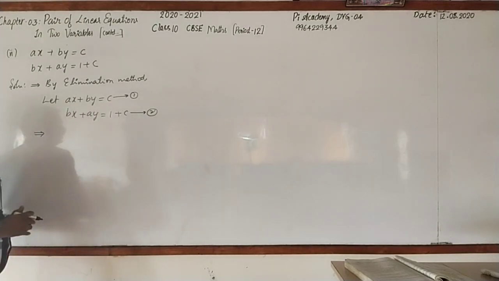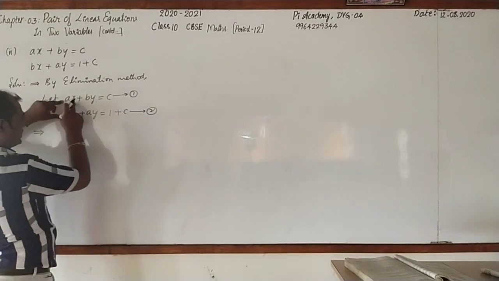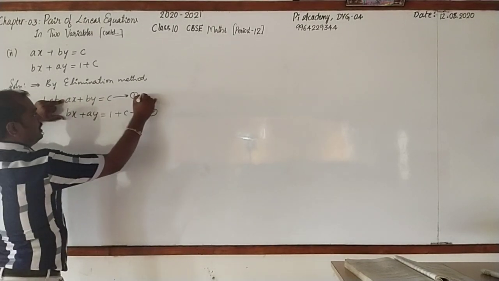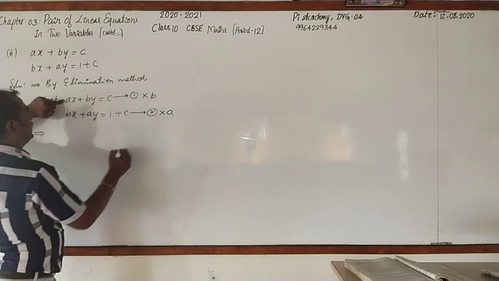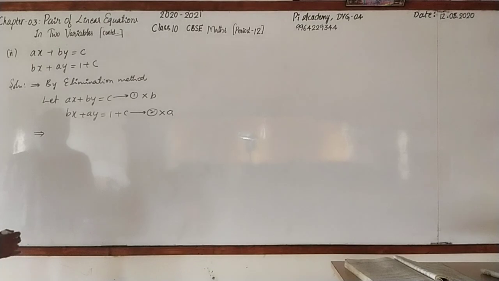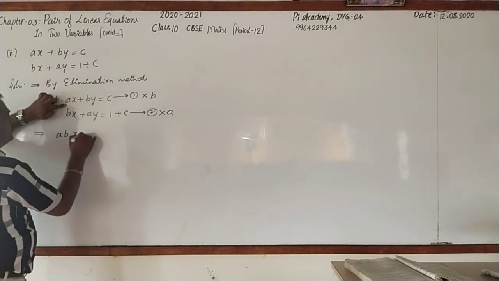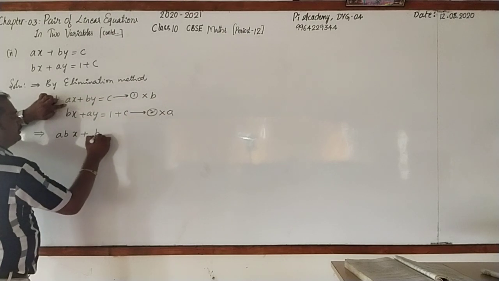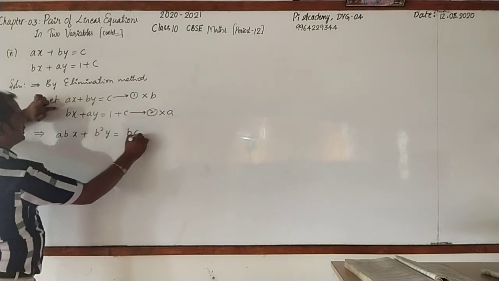Now equalize either coefficient of x or coefficient of y. This time let's go for x. Multiply equation 1 by b, equation 2 by a. Right? Start writing with a into b, it is ab into x. B into b, it is b square into y. C into b, this is bc.